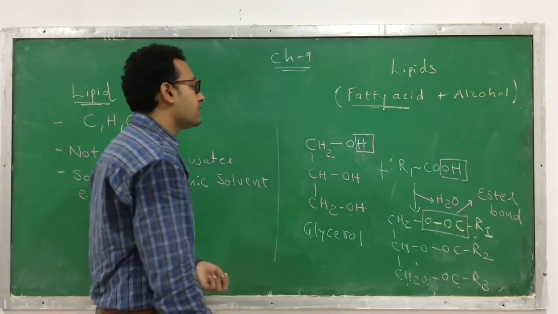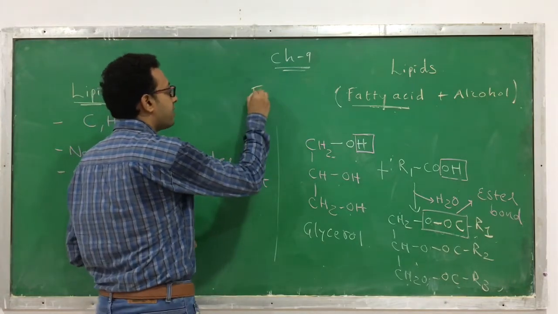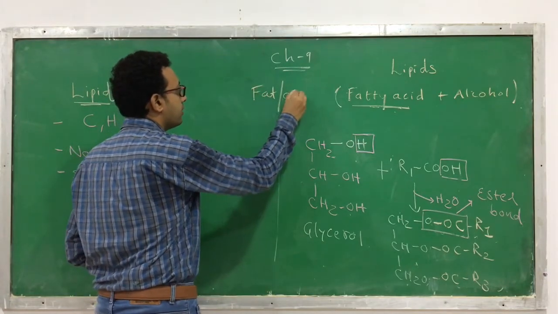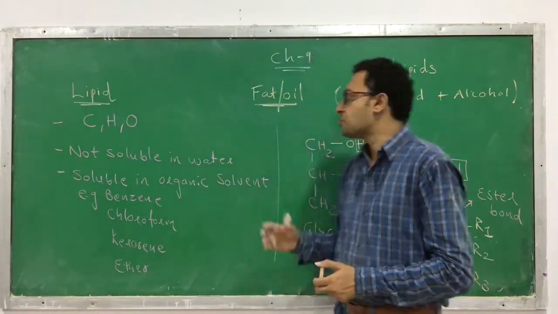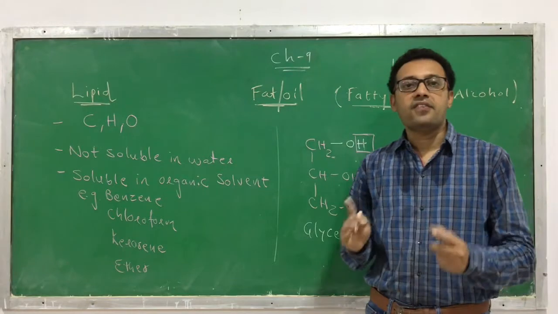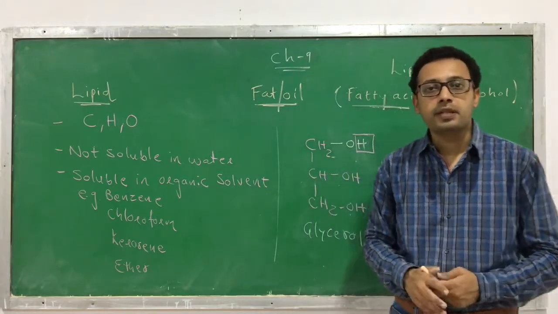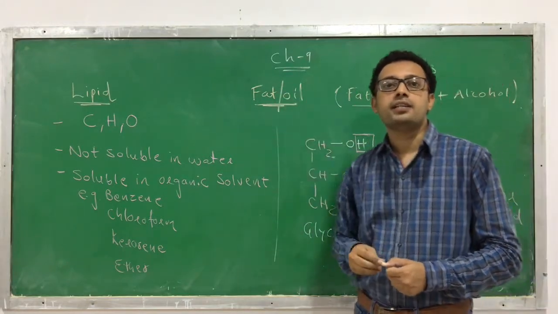The usual examples of triglycerides are fat and oil. The difference between fat and oil is that fat is a solid at room temperature, and oil is a liquid at room temperature.